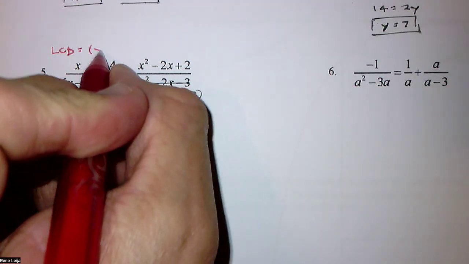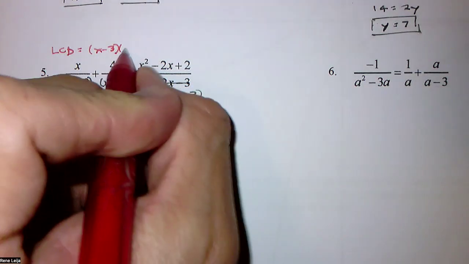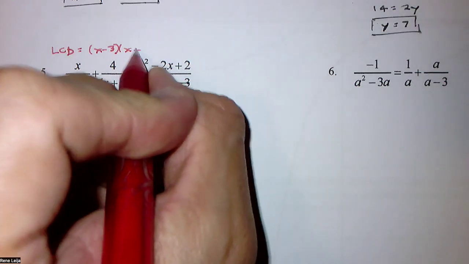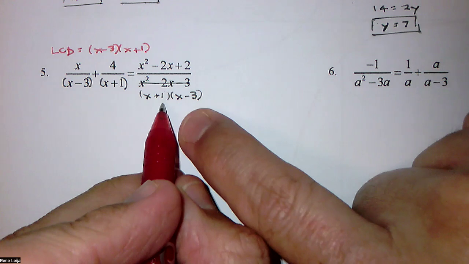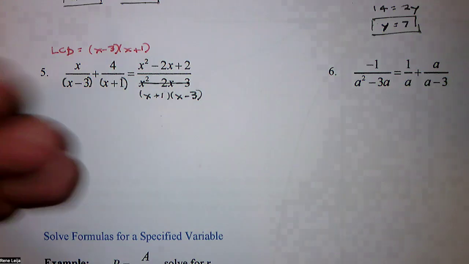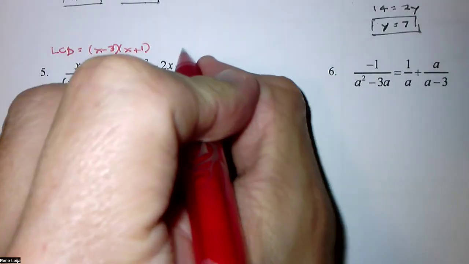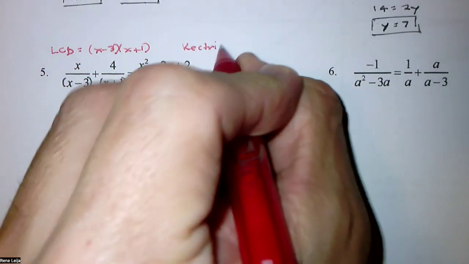I need an x minus 3. I also need an x plus 1. And this last term needs both of them, which we already have. Okay, so now our restrictions, we have two factors that we're multiplying together.